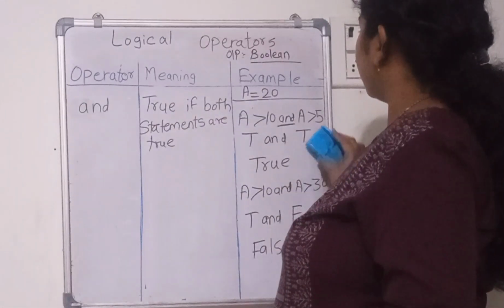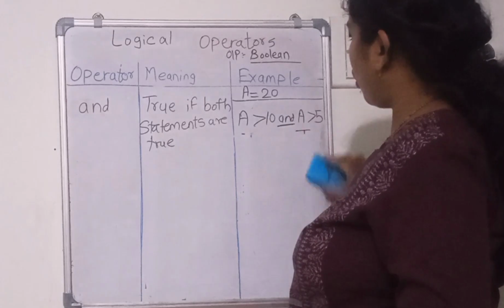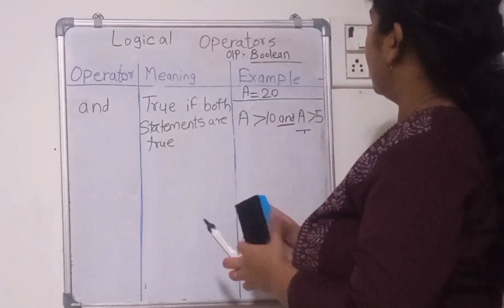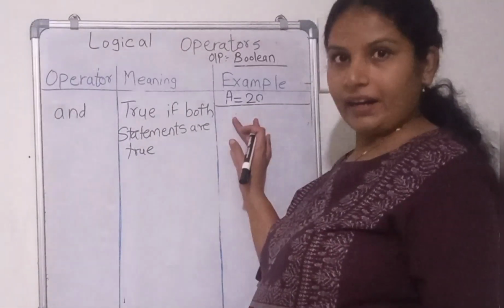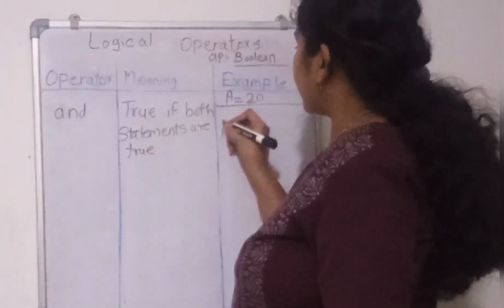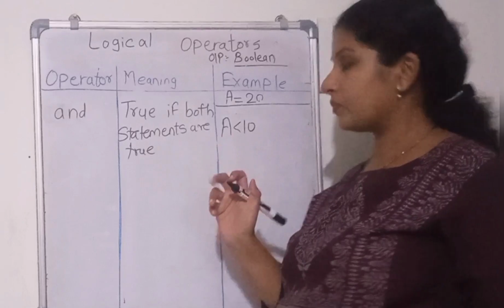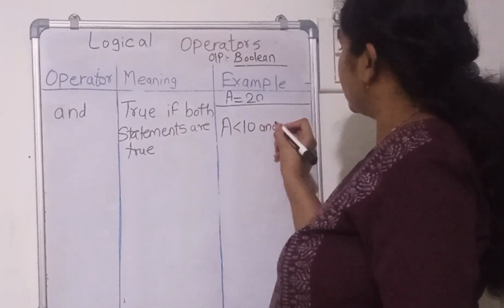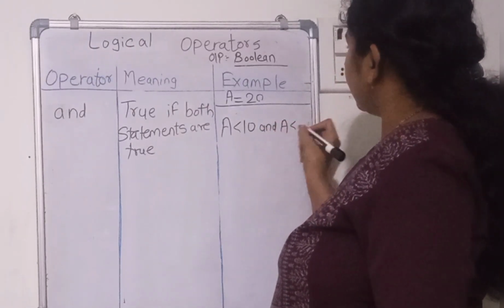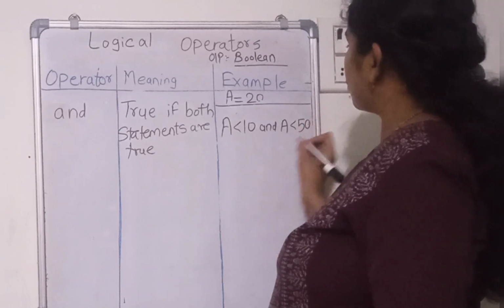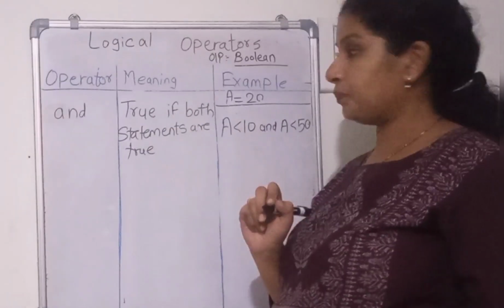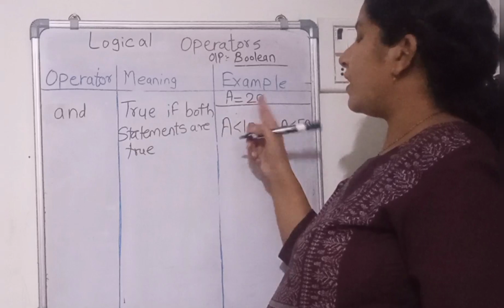Now let's take another example of and operator only. The same value a is equal to 20. First expression will be a is less than 10 and a is less than 50. These two expressions we are combining. Now here a's value is 20.